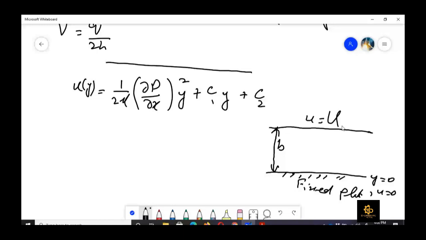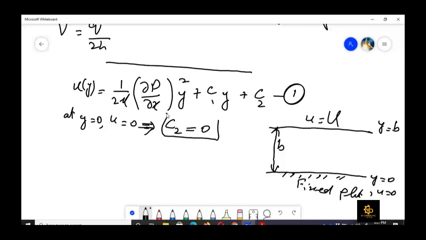First, we put y is equal to 0, u is equal to 0 in this equation number 1. We can see that this term is 0 because y is being multiplied, and this term is also 0 because y square is here, and u of y is 0. So we can write c2 is equal to 0.